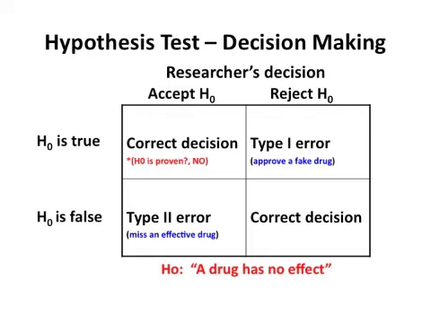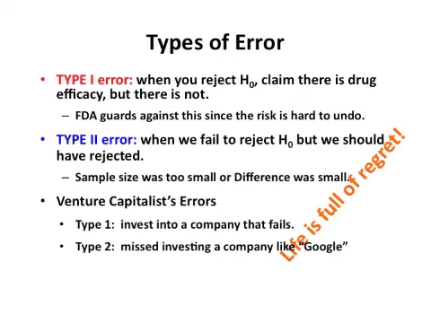But on the other hand, when the drug does have effect, you didn't reject it. You accept H null. What does that mean? That means you make another error labeled as type 2. That means the company missed an effective drug.